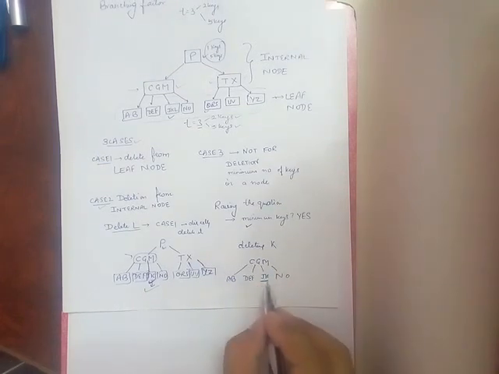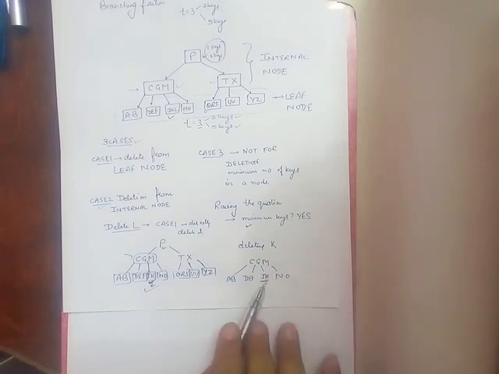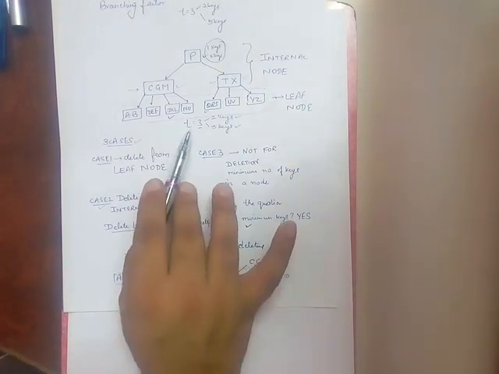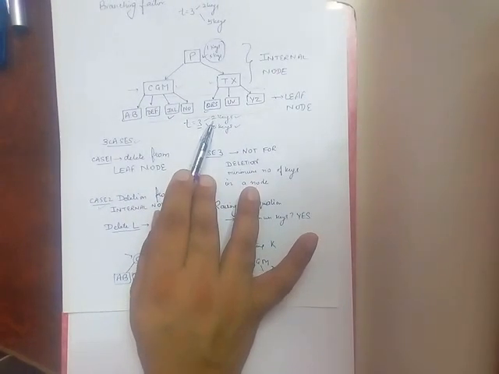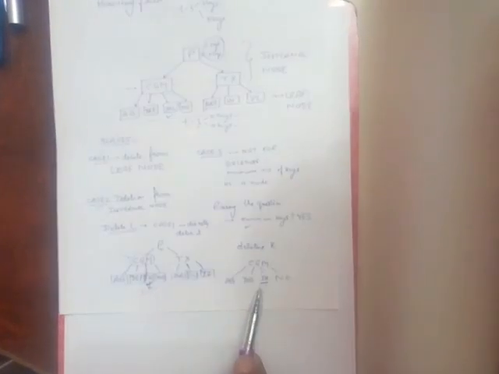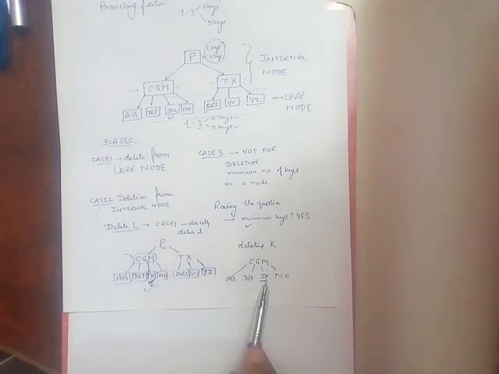First we have to solve the problem of minimum number of keys, because if we delete the key from here, then this node will have only one key. After deletion of K, this node will have only one key, which violates the condition of the B tree, that the B tree should have a minimum of t keys, a minimum of 2 keys. That condition is violated here, so we cannot directly delete K from here.